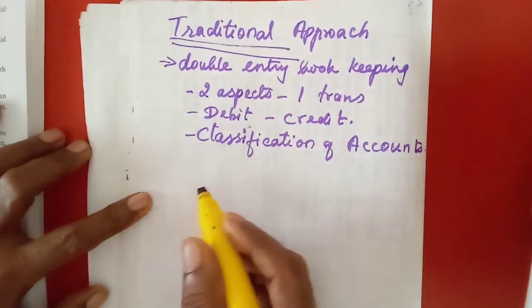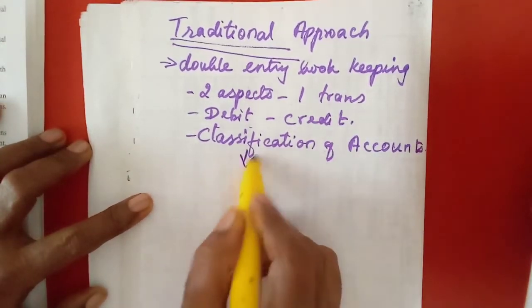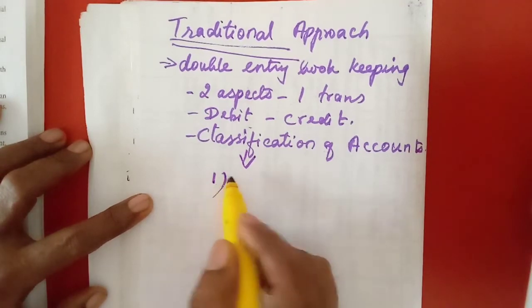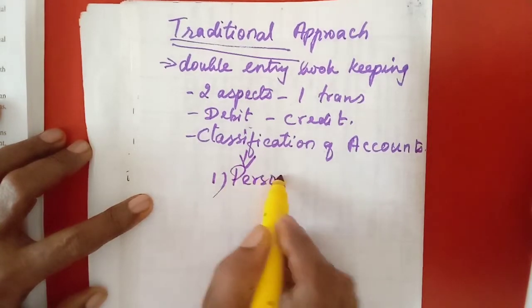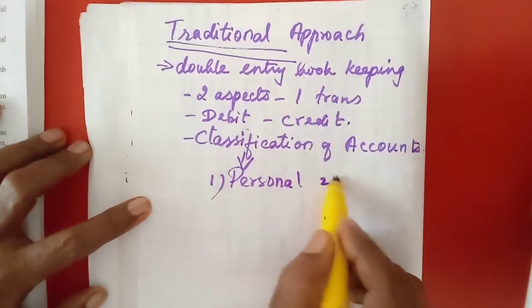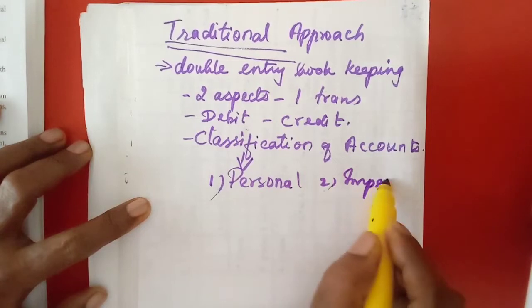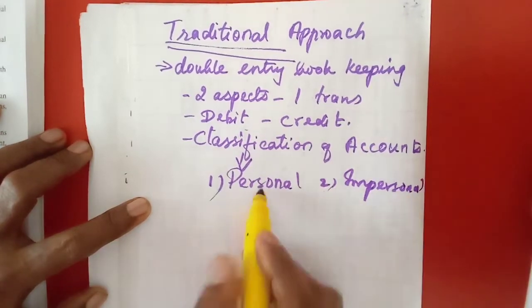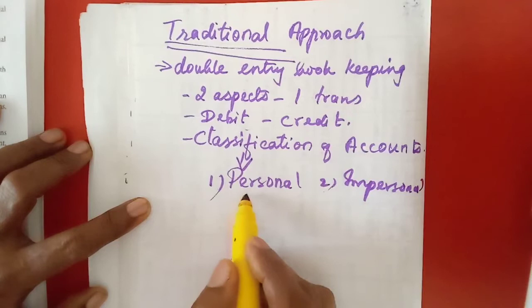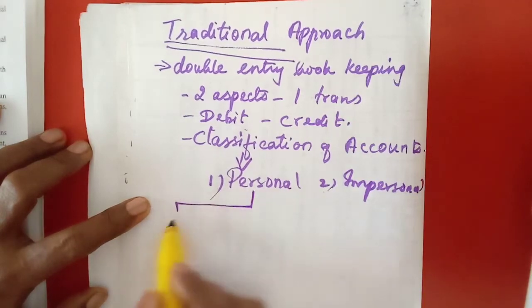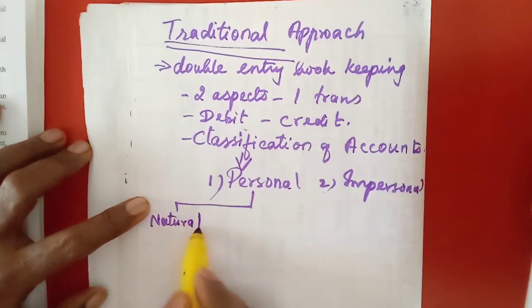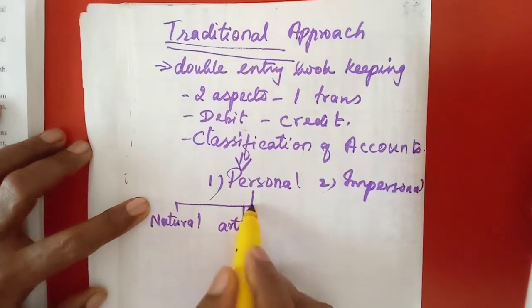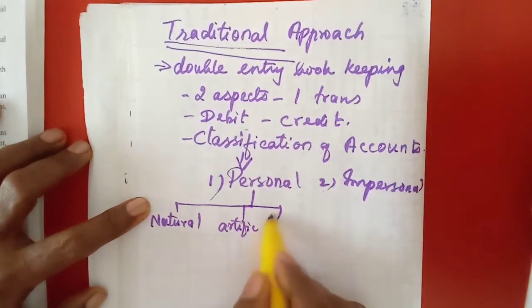Here the main classification is two: personal account and impersonal account. Understand? Then personal account is again divided into natural person, artificial person, and representative personal.